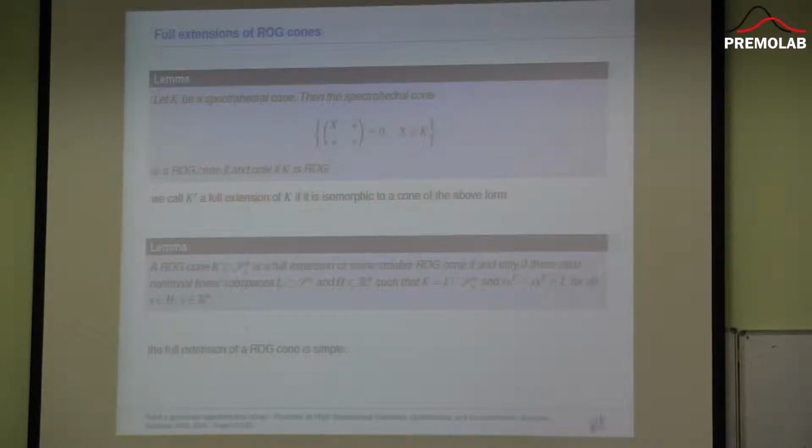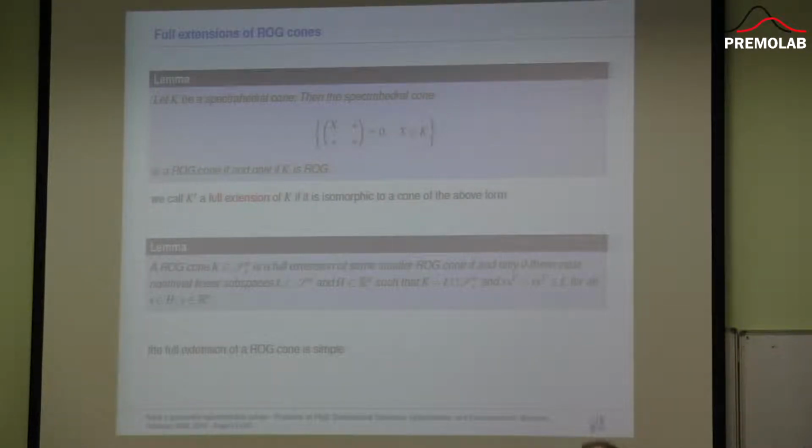So this is essentially another spectrahedral cone, and it turns out that it is rank 1 generated if and only if the original smaller cone is rank 1 generated. So we may call this a full extension of a rank 1 generated spectrahedral cone.